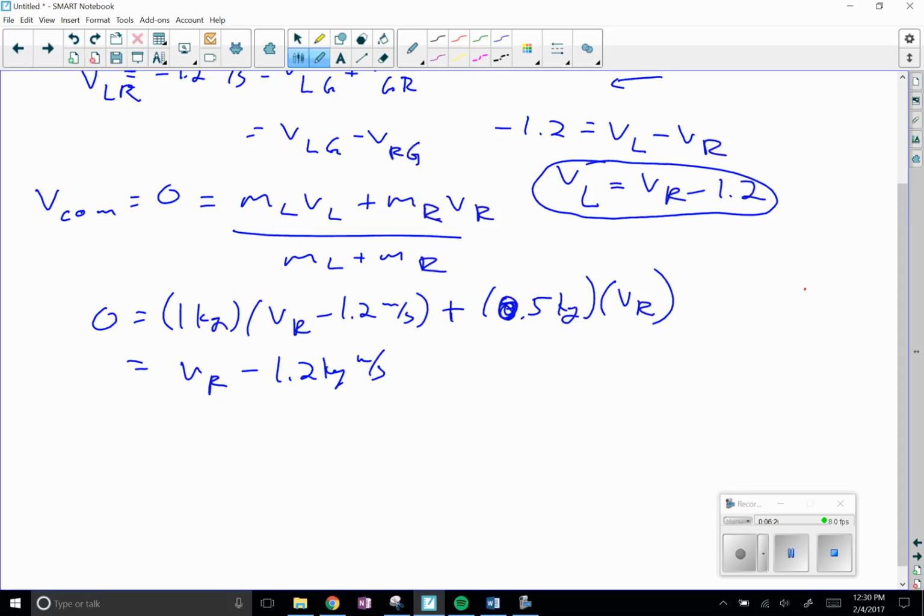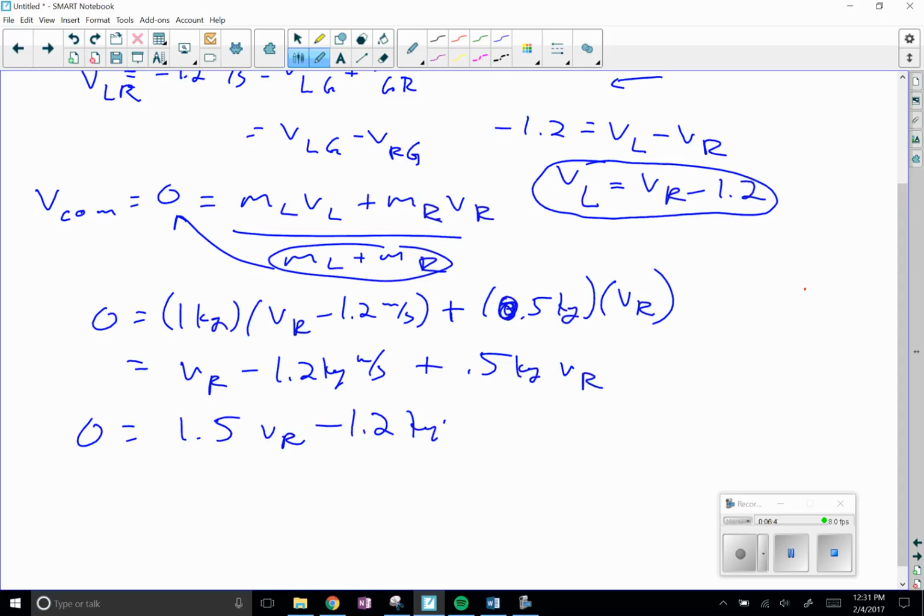Notice the dividing by this doesn't matter, because you can multiply it, and times 0, it's just going to go away. So plus 0.5 kilograms times VR. So we get 0 equals 1.5 VR minus 1.2 kilogram meters a second. 1.5 VR equals 1.2 kilogram meters a second. Divide both sides by 1.5, and your VR turns out to be 0.8 meters a second.